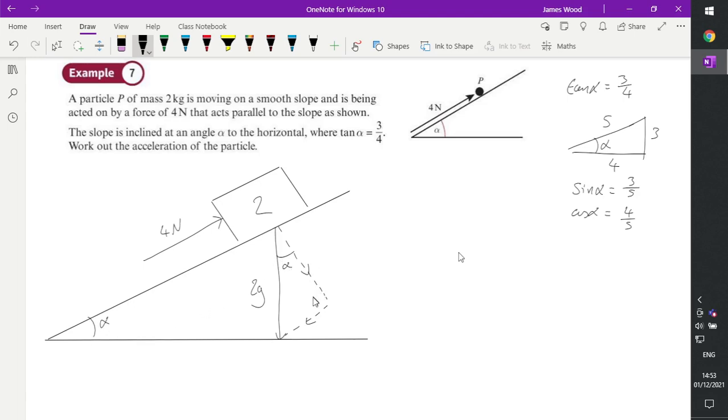This is also angle alpha there. This side is going to be 2g cos alpha, or it would be 2g times 4/5. This one here is going to be 2g sine alpha, or 2g times 3/5. Other forces, we're also going to have R here.